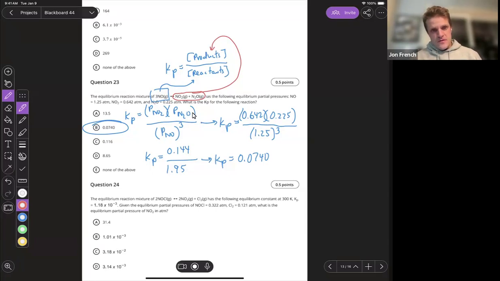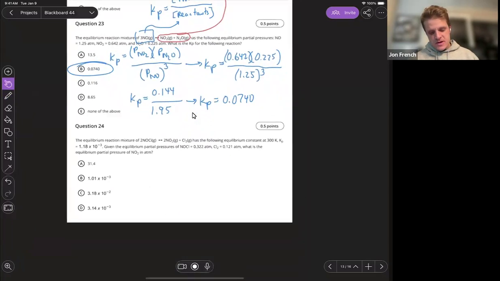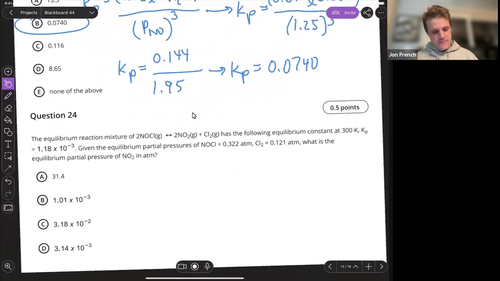All right, question 24. The equilibrium has the following equilibrium constant at 300 K, given the partial pressures. What is the partial pressure of NO2? This one is a similar take on the previous one. So we'll come up with our KP.